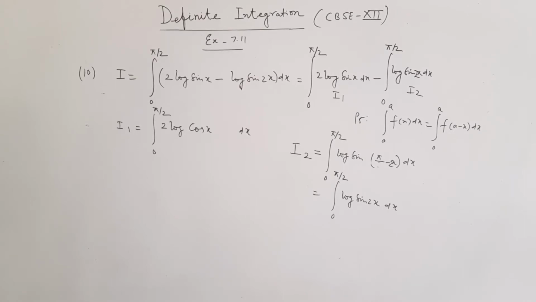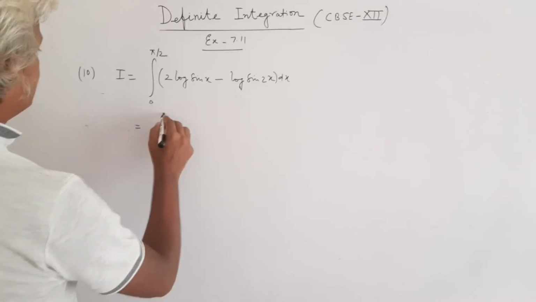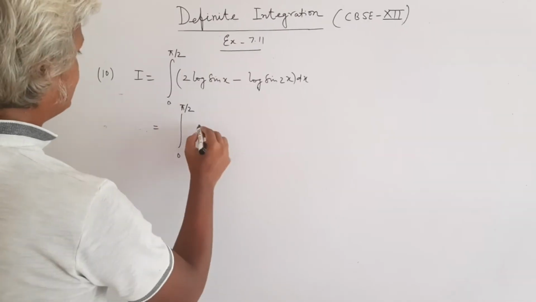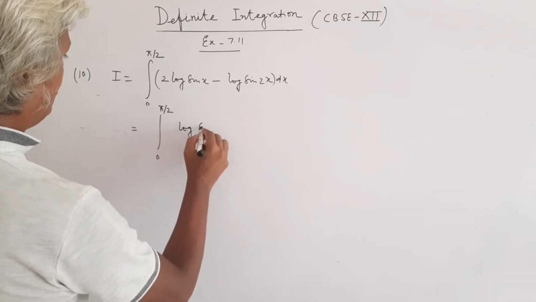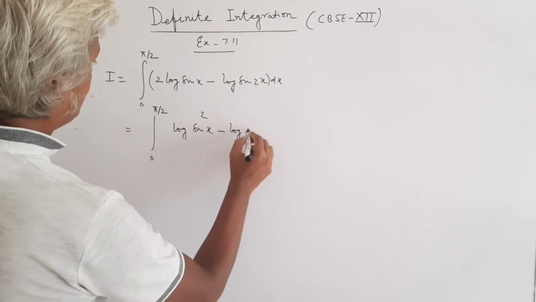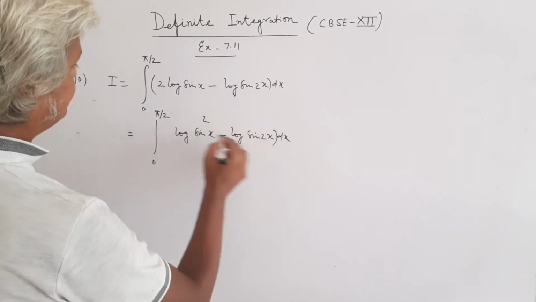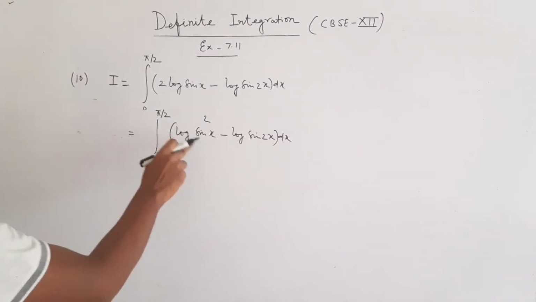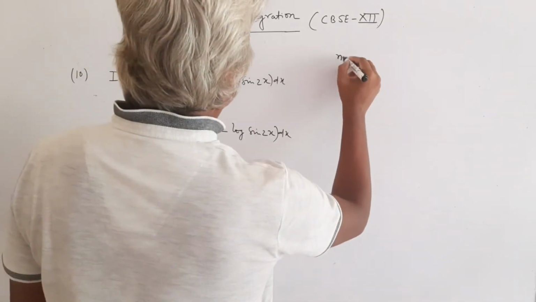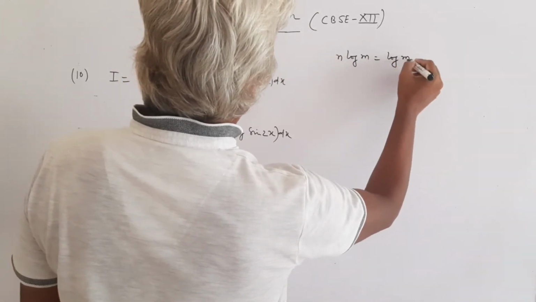I think that I can simplify this also, that is integral from 0 to pi by 2 of log sin square x minus log sin 2x dx. And this is why it has become sin square x, because n log m, we know the formula that n log m is log m to the power n.